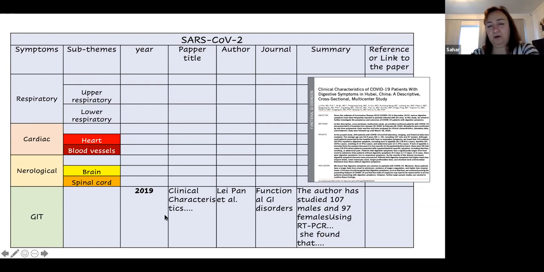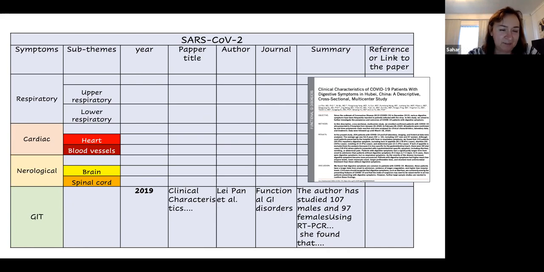I'll put the year of the publication, and then the paper title. I write the author in that section, the journal, and then I summarize the paper. The summary is very important.